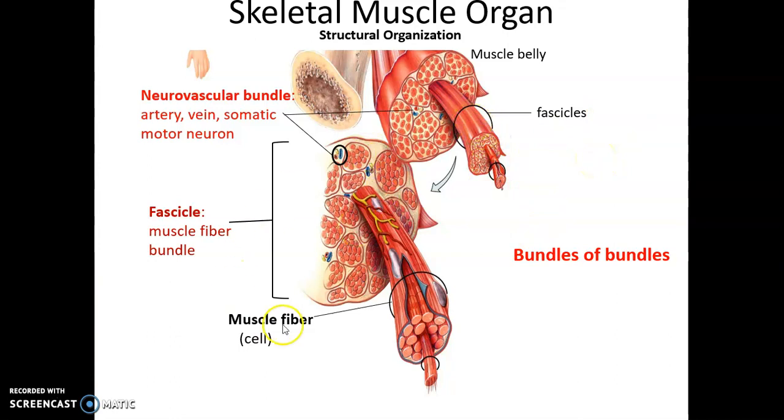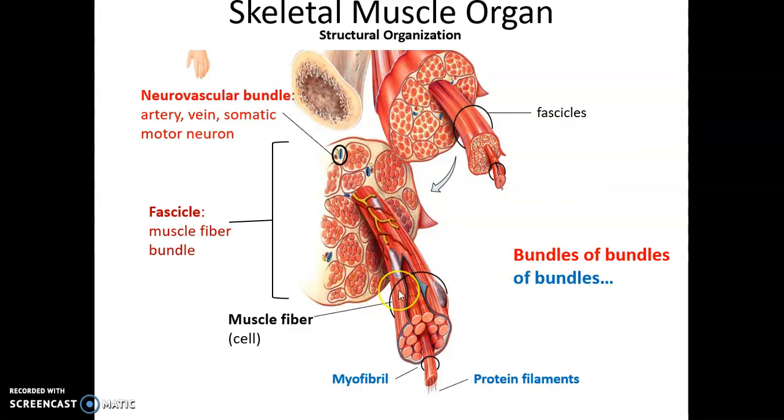When you take a closer look of the fascicles, you can see that they have lots of muscle fibers, and muscle fiber is just another way to say muscle cell. So a fascicle is a bundle of muscle fibers, and then again, the muscle organ is a bundle of fascicles. You have bundles of bundles.